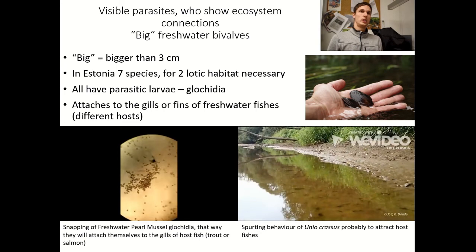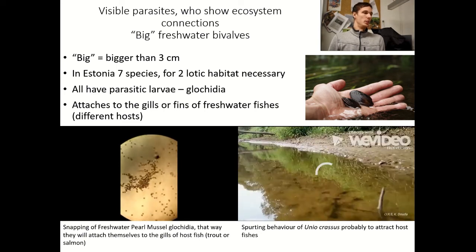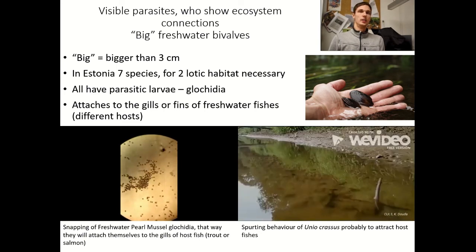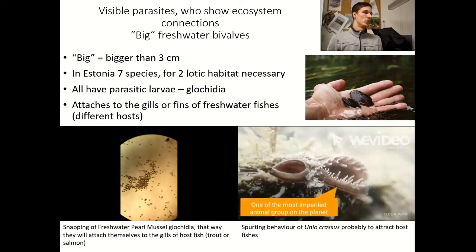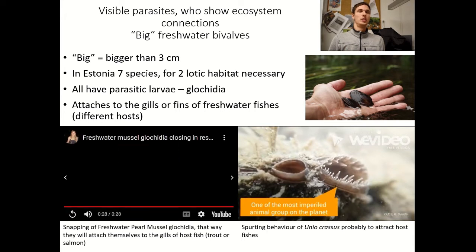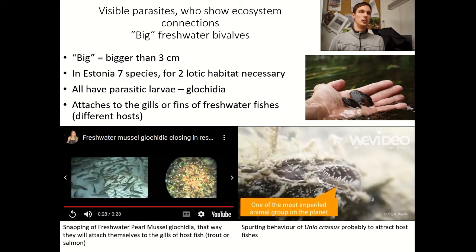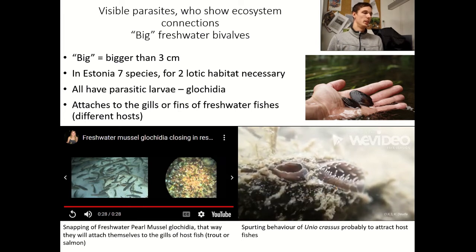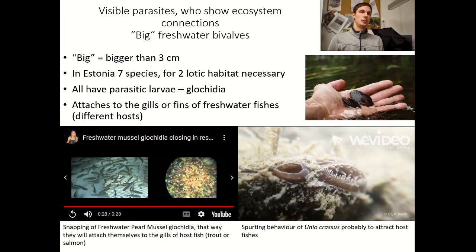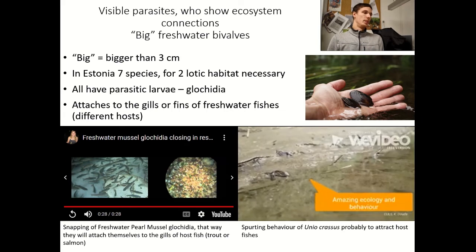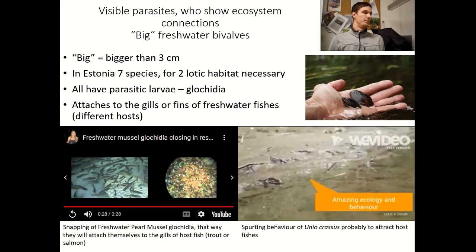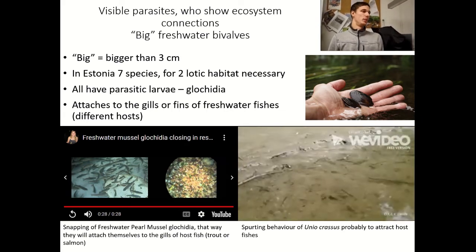So when it's time to release the glochidia to the water, quite often the thick-shelled river mussel uses its leg and roams to the side of the stream or river, and then it spurts or shoots the water up to 1 meter in the direction of the middle of the river.